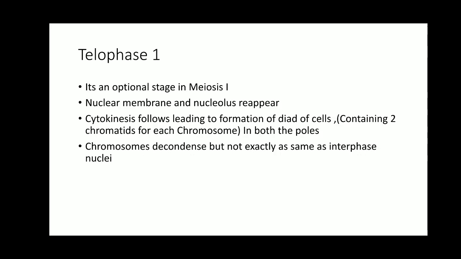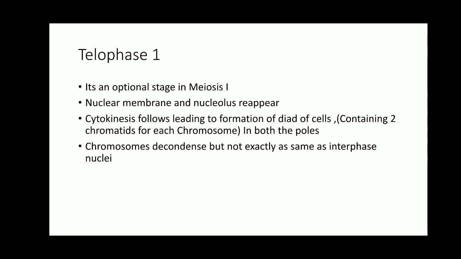Once again, the nucleolus and nuclear envelope are going to reappear, followed by cytokinesis, leading to the formation of a dyad of cells. Each chromosome still contains two chromatids at the opposite poles, and the chromosomes decondense but not exactly as in the interphase nucleus.